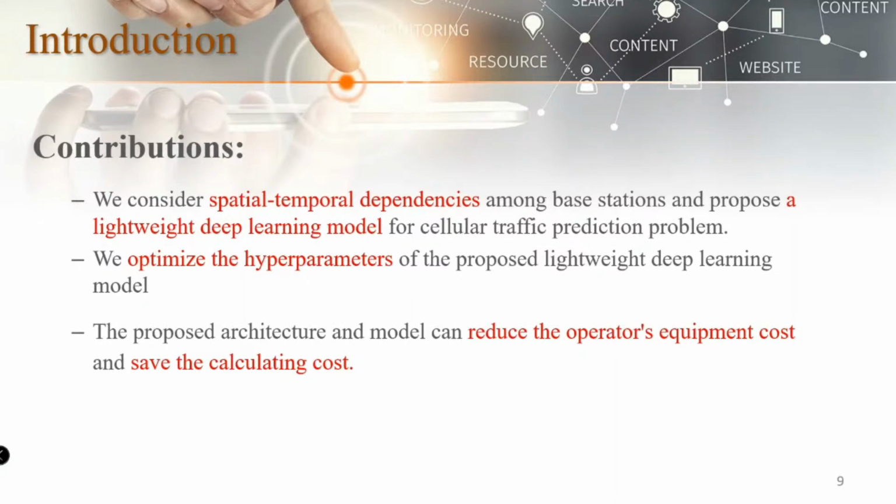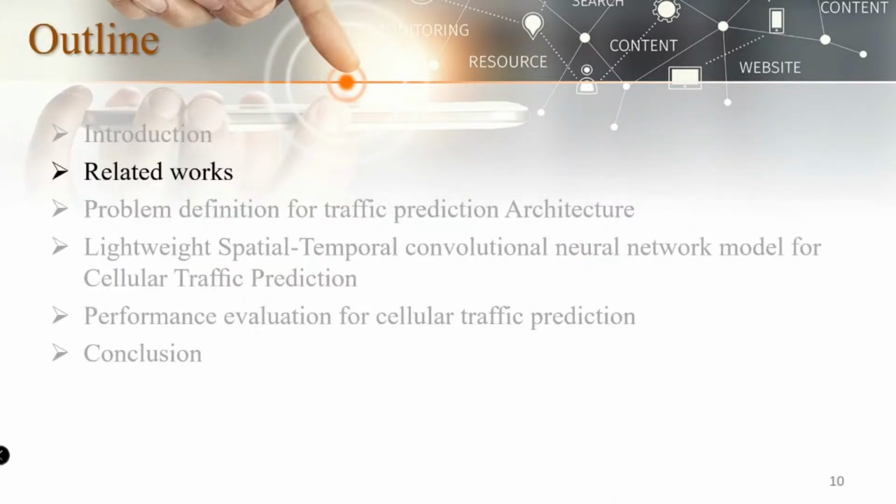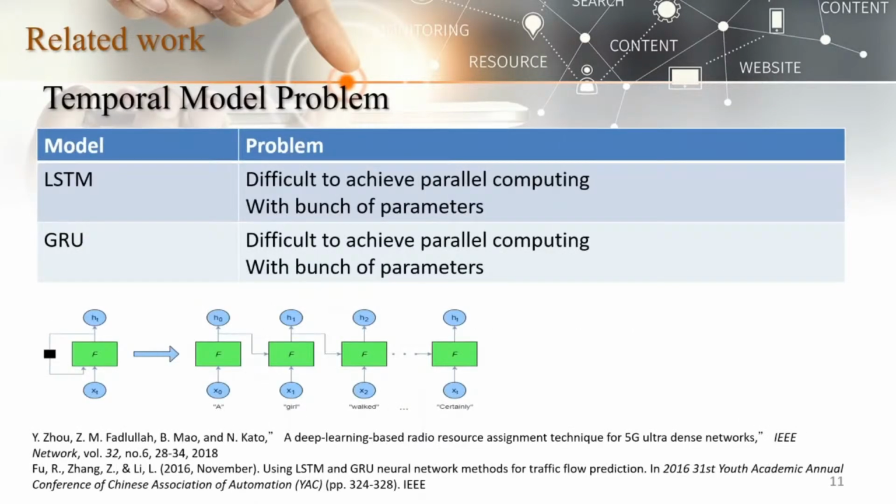calculating cost. And then let's talk about the current study of cellular traffic prediction. The temporal dependence of traffic has been discussed in many studies. Most of the existing methods to solve this problem are based on the architecture of recurrent neural networks. However, the recurrent neural network architecture is difficult to achieve parallel computing and comes with a bunch of parameters.